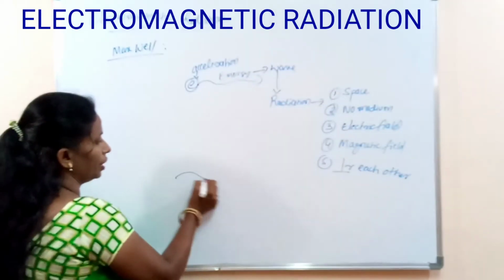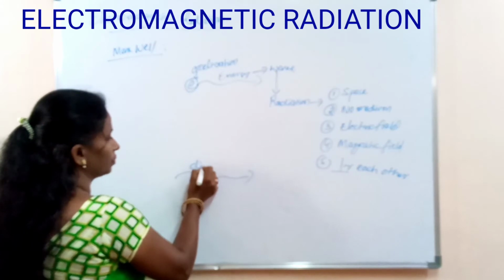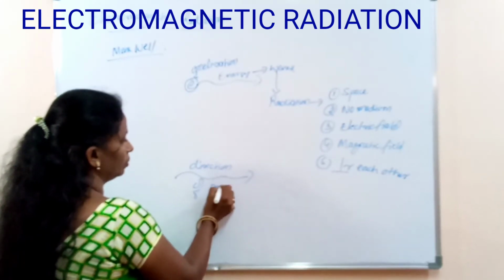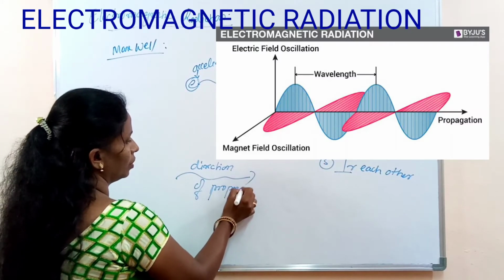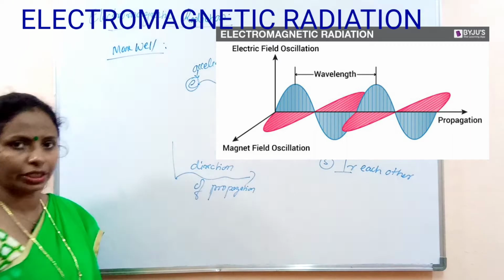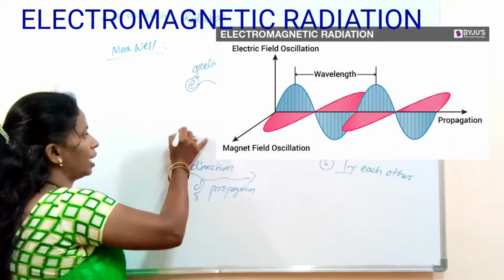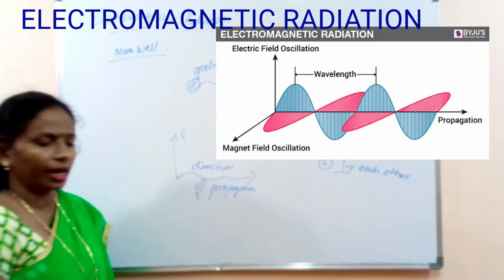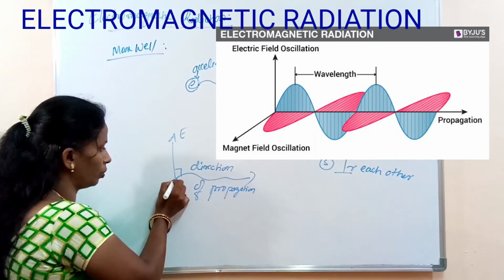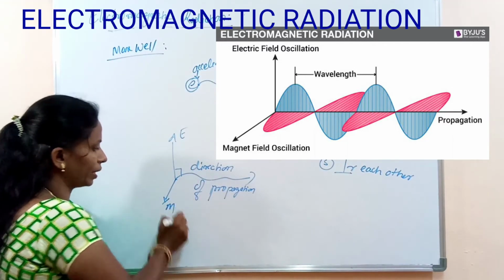Suppose this is the direction of propagation; perpendicular to it there is an electric field, and perpendicular to both the electric field and the direction of propagation there is a magnetic field.